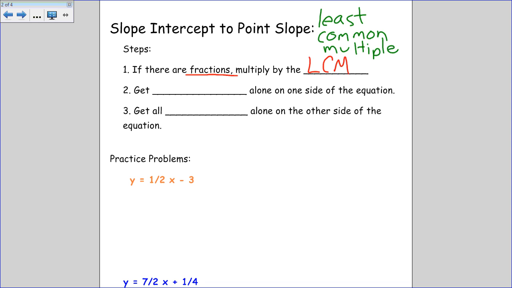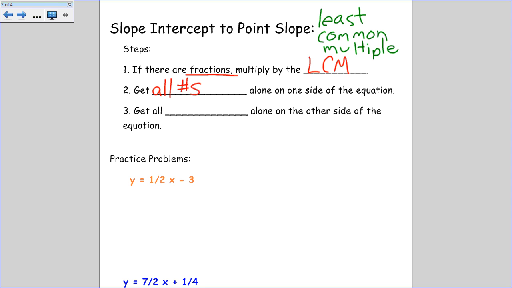All right? After we get rid of our fractions and we make them all whole numbers, we need to get all of the numbers alone on one side of the equation. Before we had y equals, remember, and y was alone.